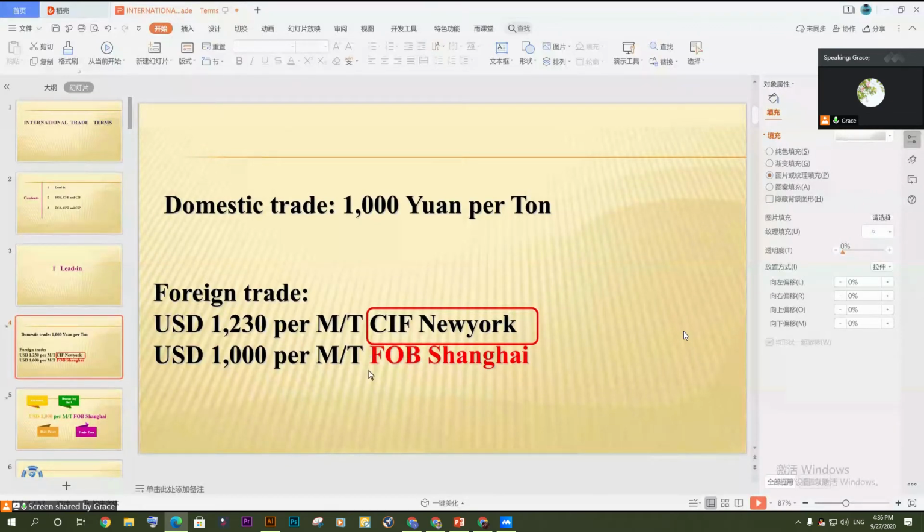But if the trade term changes to FOB, our quotation will be 1,000 US dollars. So this is the difference in amount that comes from the difference in trade terms. It means for the same products, we will have a different price, and the different price comes from the different international trade terms.